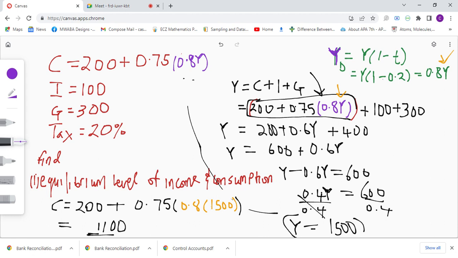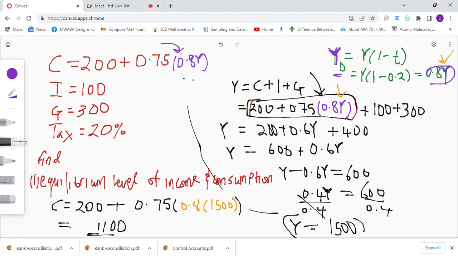Okay, so the 0.8, remember I said YD equals Y open brackets 1 minus T, which is the tax rate. YD is disposable income. After we did the tax, we subtract tax from 1, we find out that YD equals 0.8Y. So this 0.8Y, we substituted it for the YD which was here.